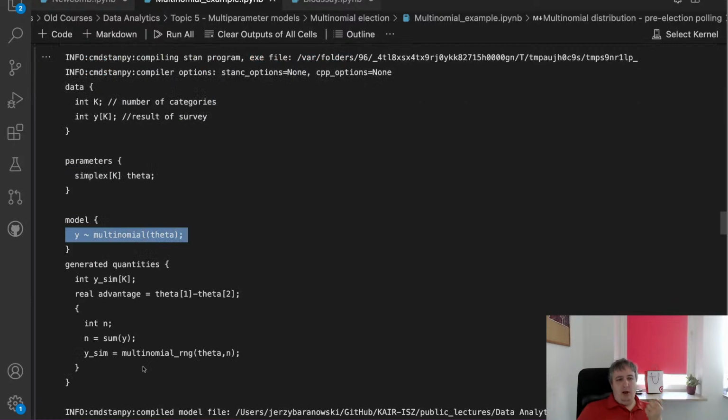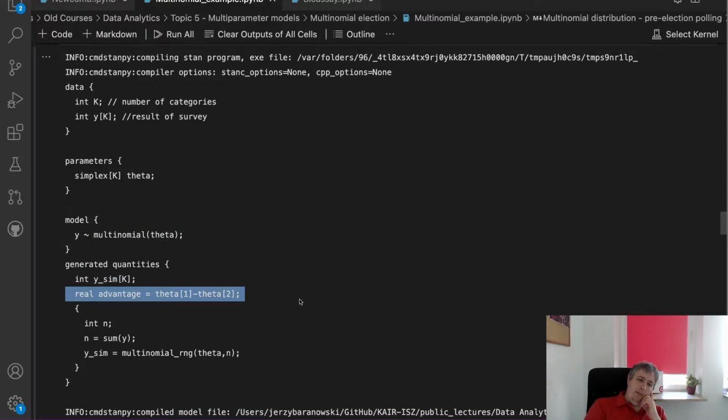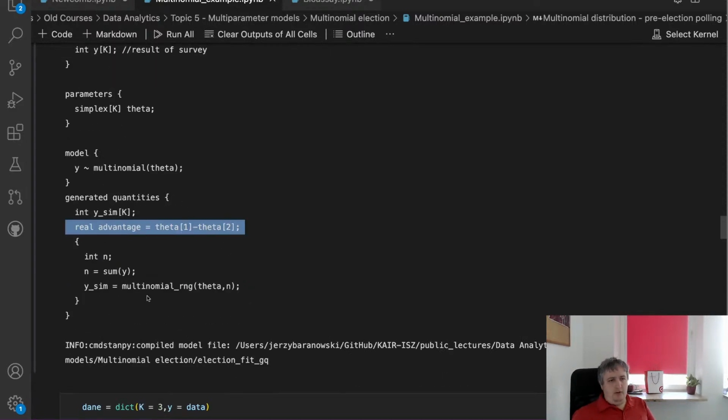Our model is multinomial, and in generated quantities we are focusing on the statistic that we mentioned before: the probability that theta1 is greater than theta2, or otherwise the distribution of theta1 minus theta2, and we'll simulate some y's to do it. So we are computing those values as we wanted to get the actual result.